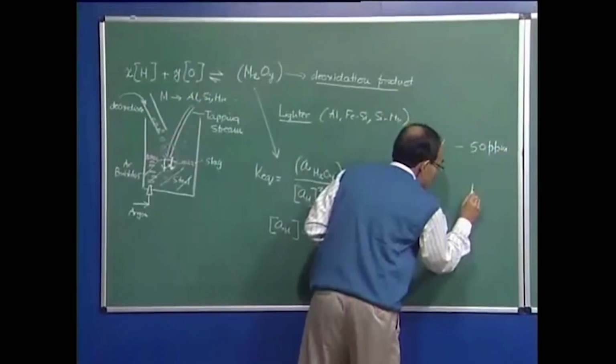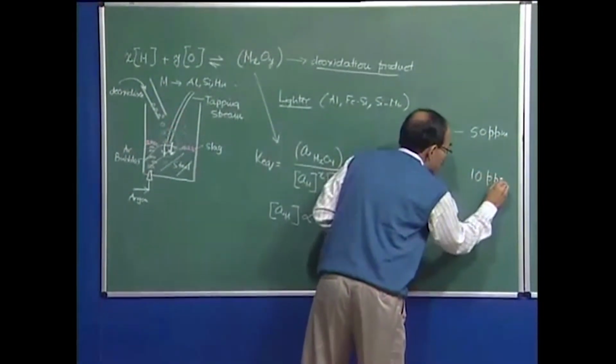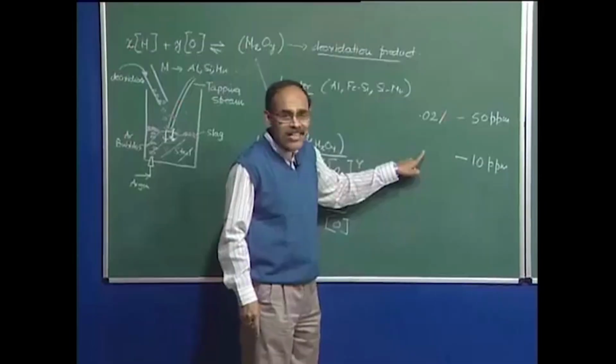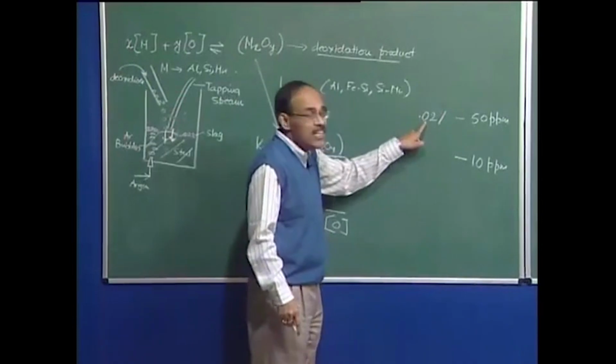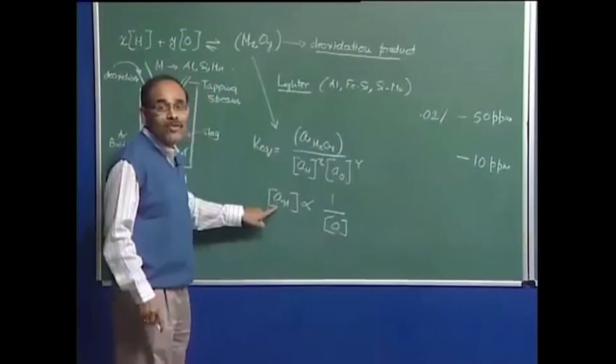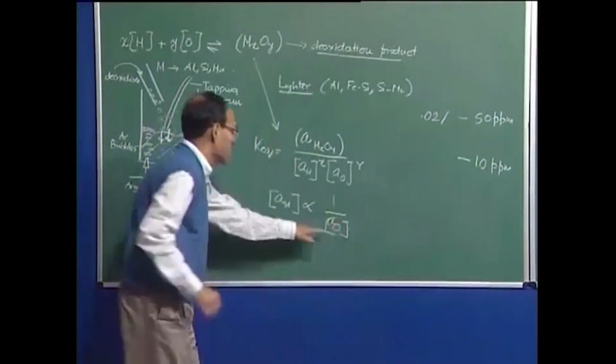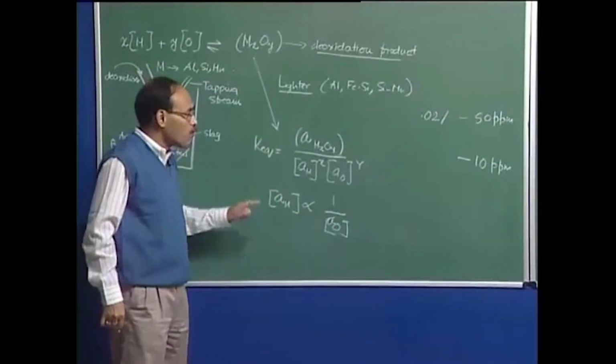Now if you want to get to 10 ppm, in that case this value is going to be smaller or larger? This value is going to be substantially larger than this, because of this particular relationship that the activity of oxygen is inversely proportional to the activity of metal in the bath.